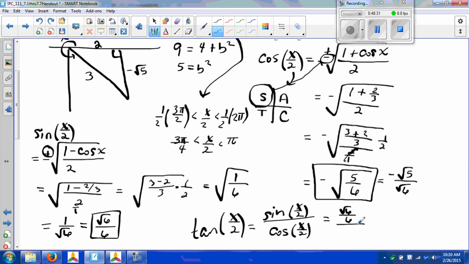So then that's negative root 30 over 6, right? Just multiply by root 6 over root 6. Okay, so then I get negative root 30 over 6. Now my 6's cancel. And I get negative root 6 over root 30, which is negative 1 over root 5, which is negative root 5 over 5. Good thing, too, because I'm out of room.